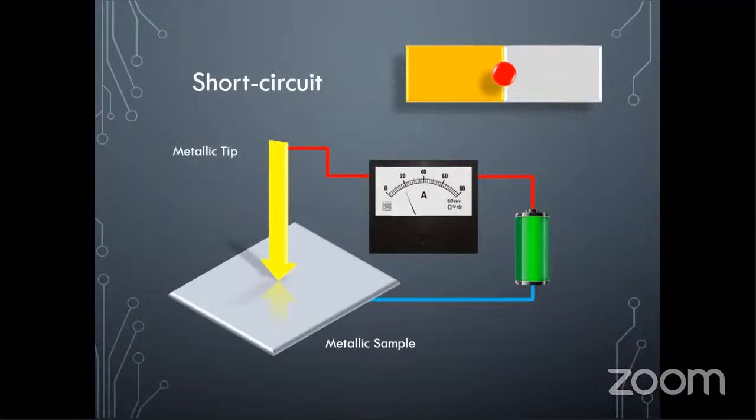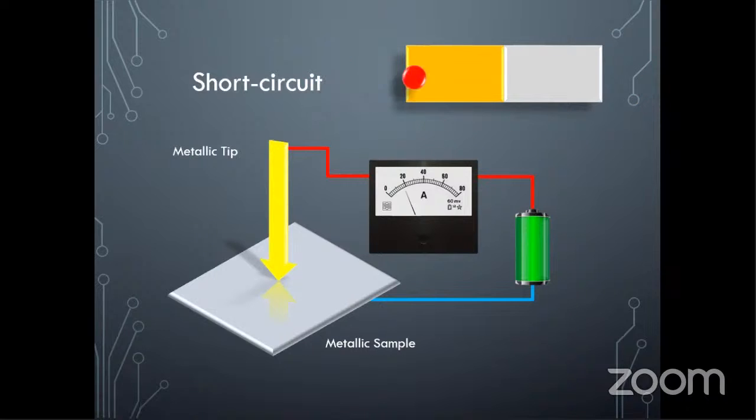Now, this is just a schematic, a cartoon of a short circuit. So if you have a metallic pin, or any sharp metallic object, and you touch it on your metallic sample and apply a voltage and measure the current, you'll see that the current flows through the circuit because you have a short circuit.